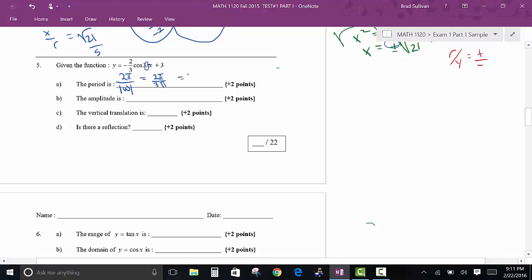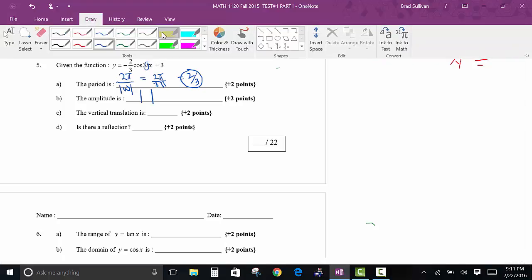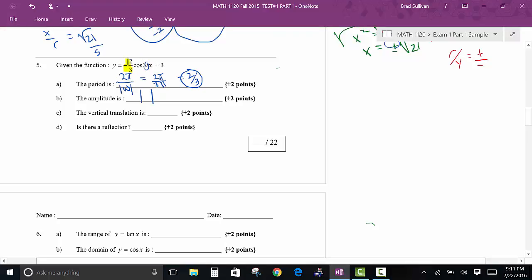The pi's cancel out, leaving you a period of 2/3. Okay? The amplitude is the absolute value of the number that's in front of the cosine. So what we're going to do on that is just take the absolute value of negative 2/3. So the answer to the amplitude is positive 2/3.